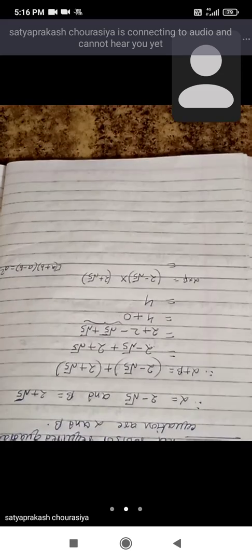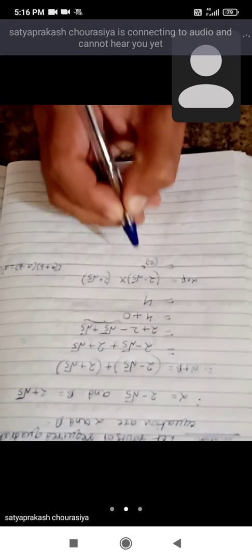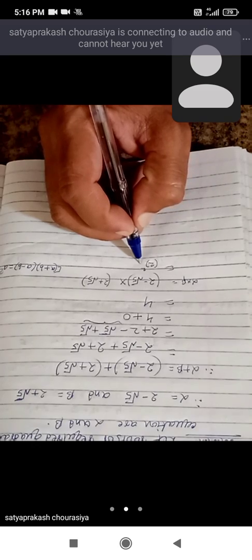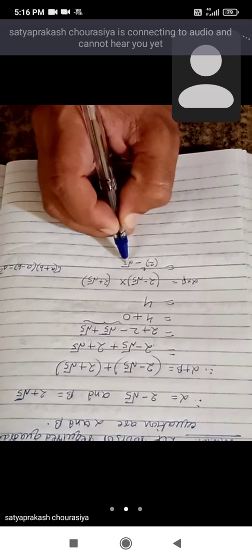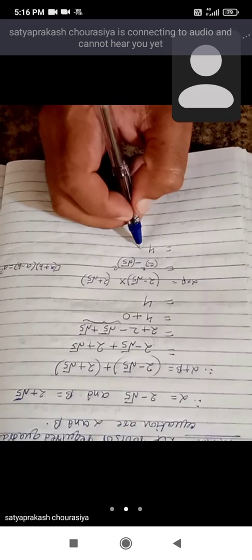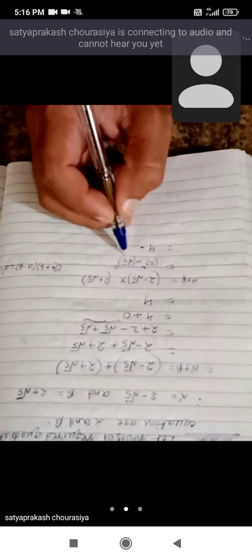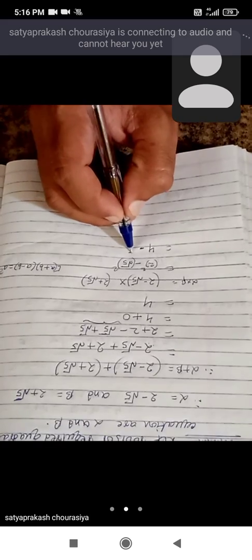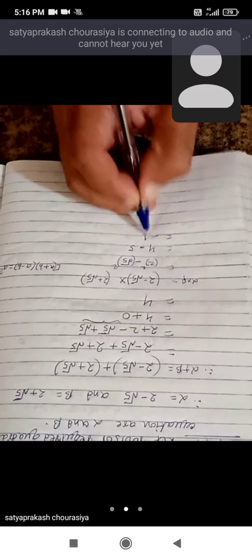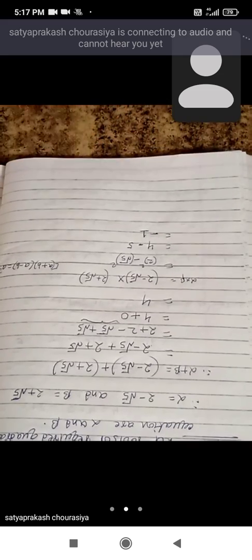So therefore the square of 2, because in place of a there is 2 and in place of b there is under root 5, minus under root 5 squared. Square of 2 is 4 and square of under root 5 is 5. 4 minus 5 is equal to minus 1.